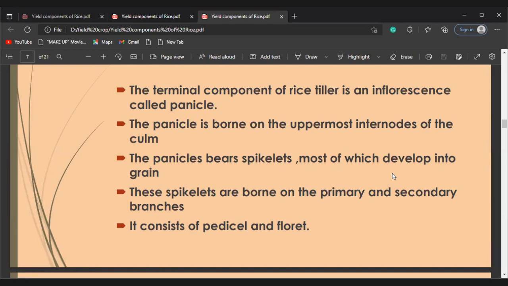The yield component of rice: the inflorescence is produced in the tiller, on the uppermost internode, and that is the panicle. In the panicle there are spikelets. In the spikelets there will be a chaffy one and a fully filled one. We want to consider the fully filled one. The spikelets are produced on the primary and secondary branches, which consist of pedicel and floret. These parts you will be studying.